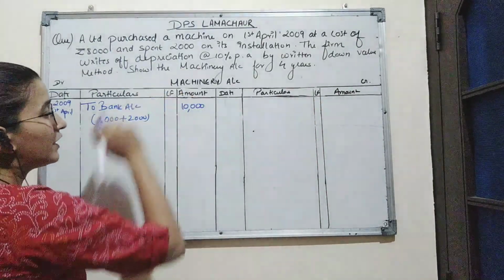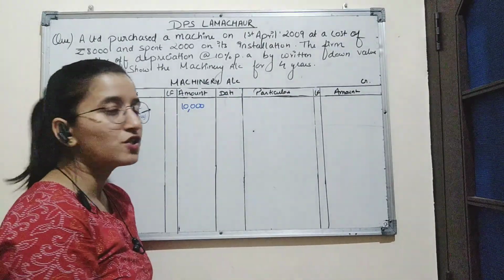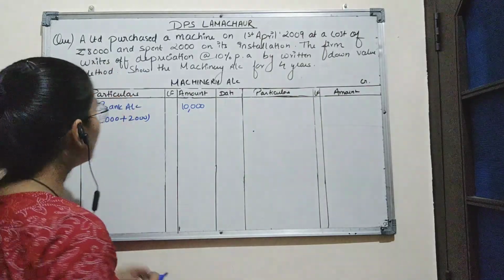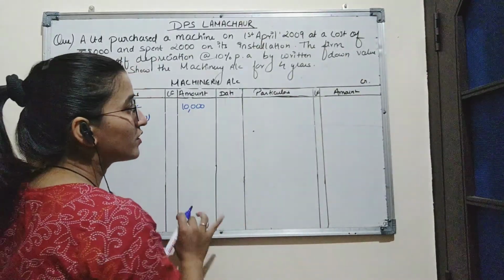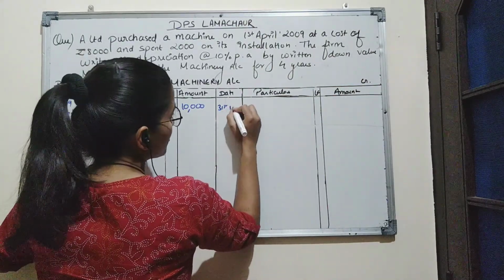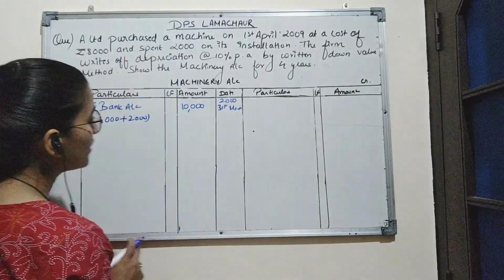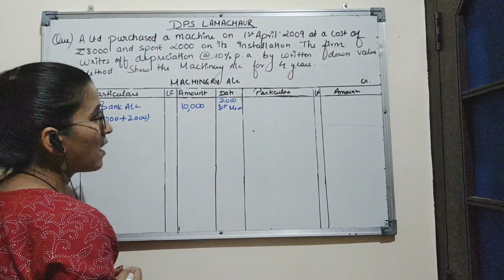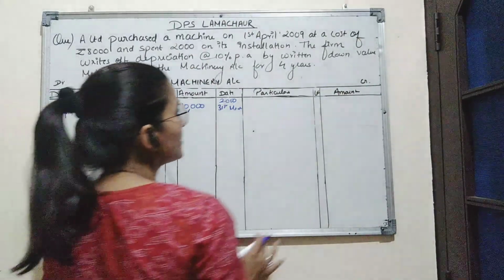Now the rate of depreciation is 10%. As we know, depreciation is charged at the end of the year. 1st April is the start of the accounting year, so the end of the accounting year will be 31st March 2010. Now the depreciation amount will be 10% of 10,000, which is 1,000.